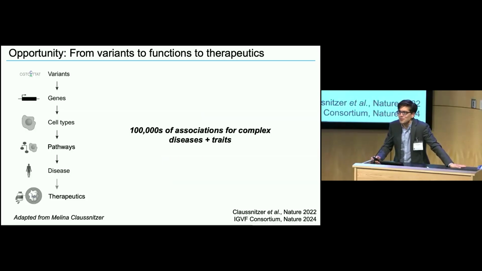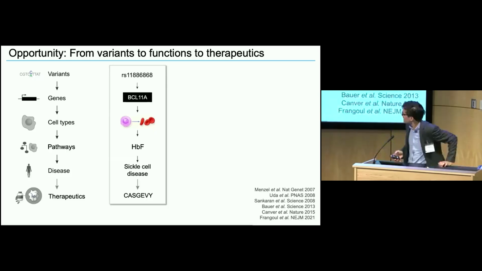There are, of course, beautiful examples from this community that have illustrated this paradigm. One that I love is VJ and Stu Orkin and Dan Bauer's work to characterize variants associated with sickle cell or fetal hemoglobin, where they showed that there are non-coding variants in an erythroid-specific enhancer of BCL11A, which VJ showed is a repressor of fetal hemoglobin.